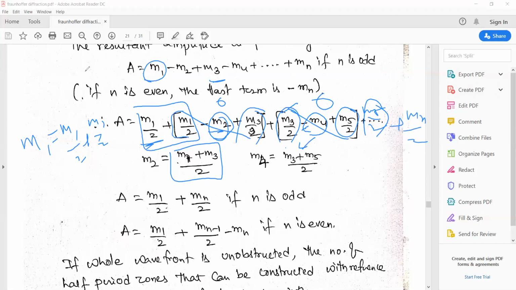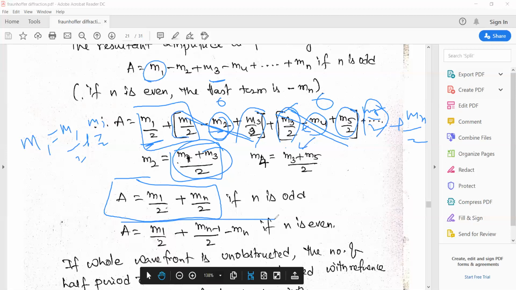Here M1 by 2 plus M3 by 2 minus M1 by 2 minus M3 by 2, so this term is completely 0. Finally, you will be left with this term: A is equal to M1 by 2 plus Mn by 2 if it is odd. If it is even, you will have this term.